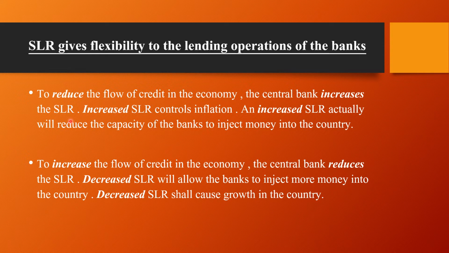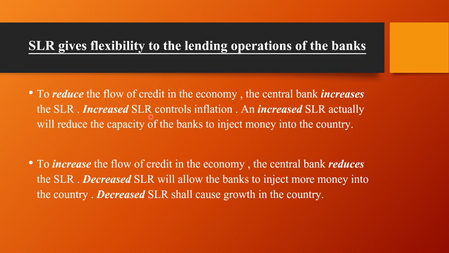When the increase in SLR takes place, there will be a reduction of loanable funds available to the commercial banks. So they will not be able to give more and more credit to the general public. So this will reduce the flow of credit in the economy. I repeat, when the SLR increases, the flow of credit in the country reduces.